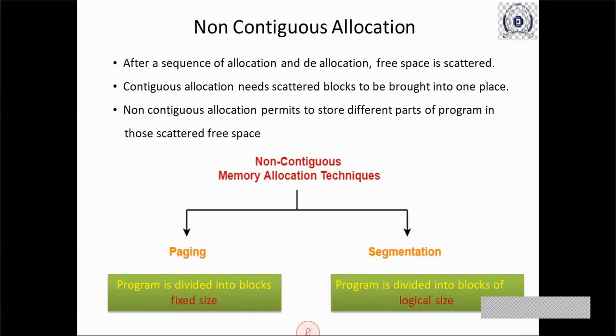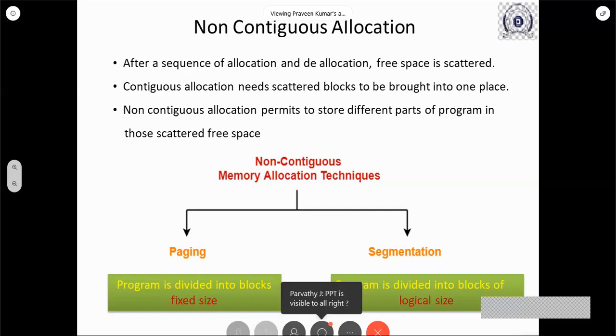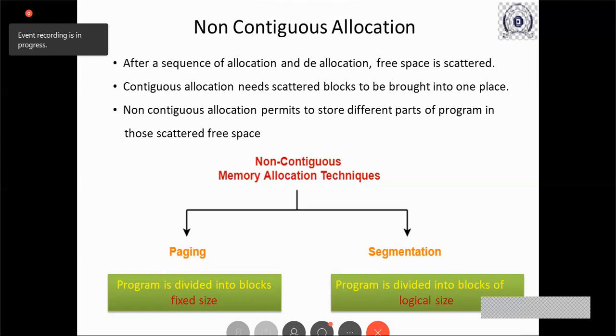Now let us see why we need to go for non-contiguous allocation. As you know, after booting, the operating system is loaded into the memory. Then the ready programs, the programs which you want to execute, will be entered into the RAM one after the other, and after some time some of the programs will get completed and they are terminated.